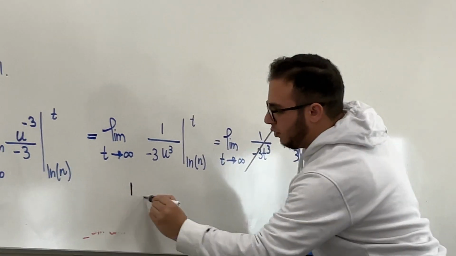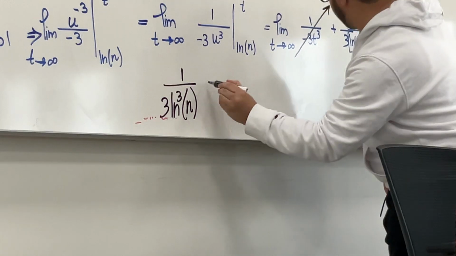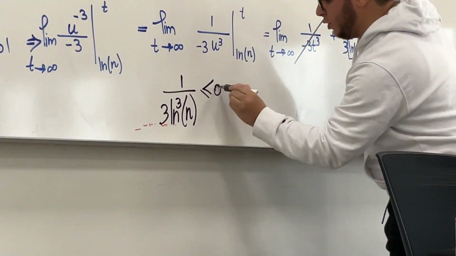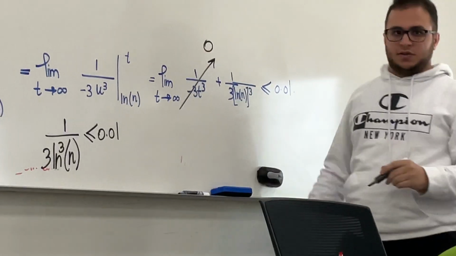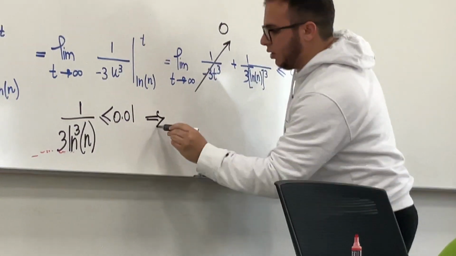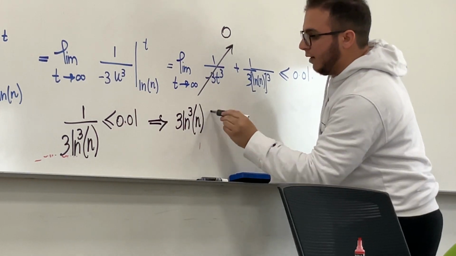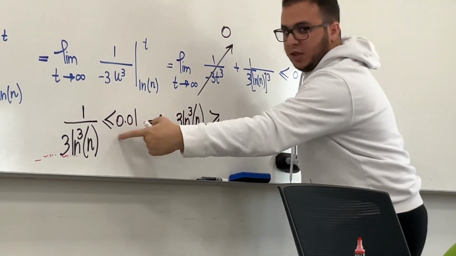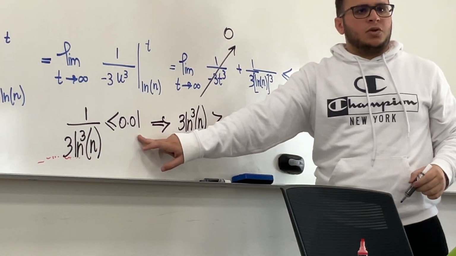So I have 1 over 3 ln cubed of n less than or equal to 0.01, and our aim is to solve for n. Flip first. Okay? Flip the inequality. So what do you get? 3 ln cubed n larger than or equal to, because when you flip the inequality, you flip the sign, the flip of 0.01. What do you get?